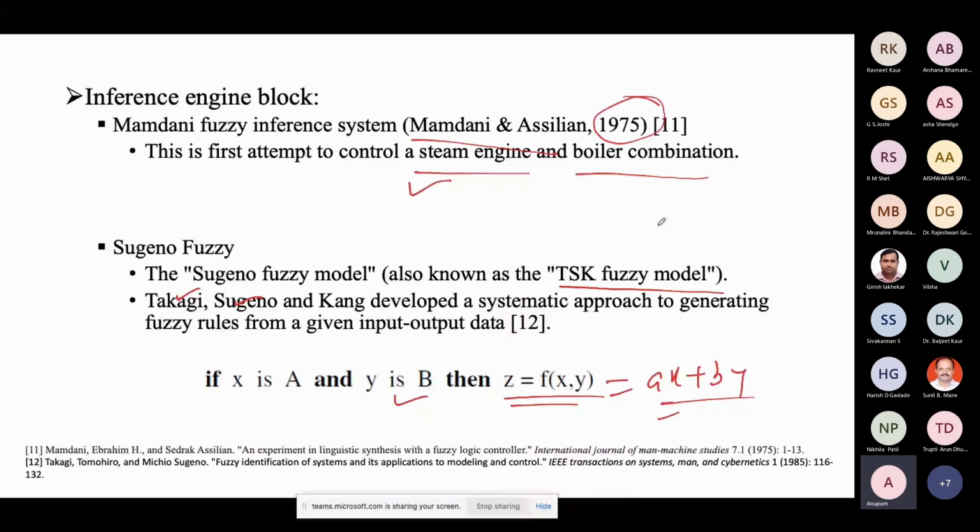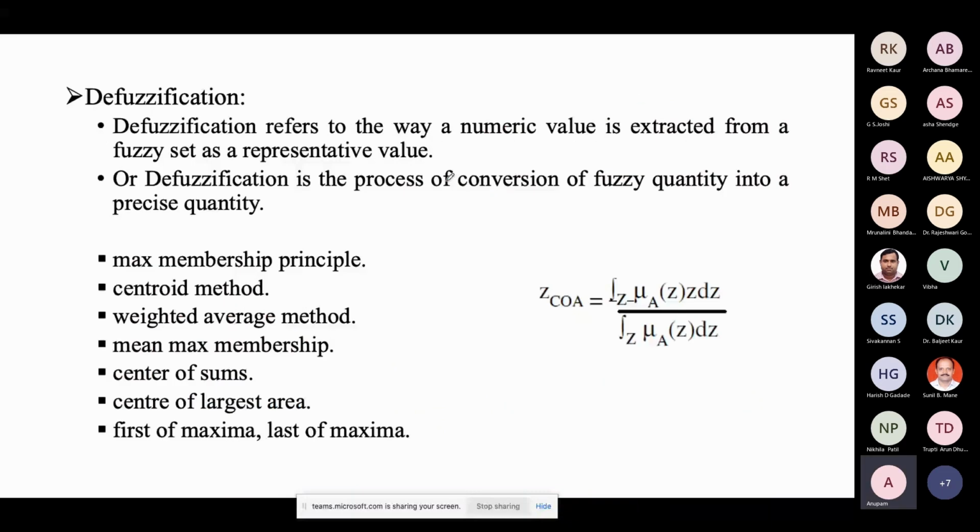And the next one is the defuzzification block. Again, it is one of the main blocks, used for converting a fuzzy value to a crisp value.